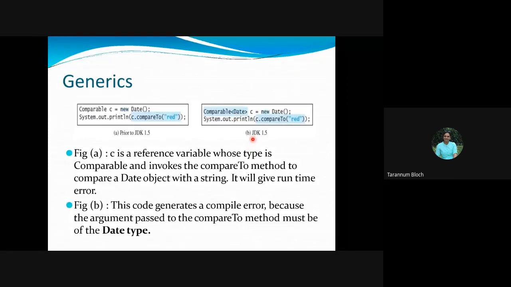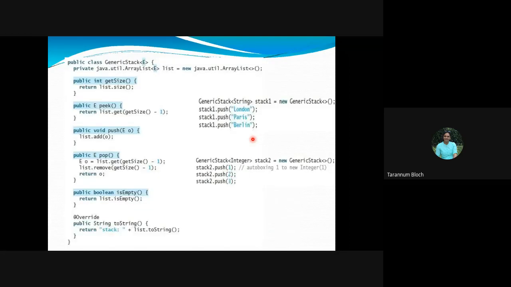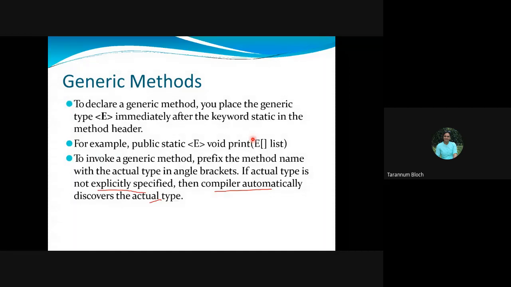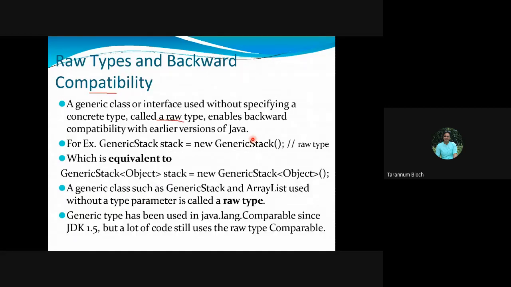That's why even with the newer versions of Java, 1.5, 1.6, even 1.8 that we are using, and 1.12 is in the market, for all those new versions also this is permissible. You can go with this, right? But when you write this in the newer version, it is equivalent to Object.